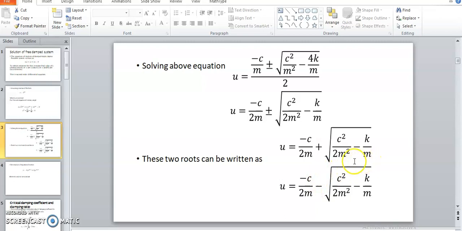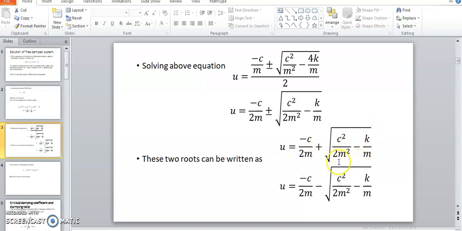If suppose this square root term becomes 0, the square root term is the same in both roots. If this difference or square root term becomes 0, in that case these two roots become equal.